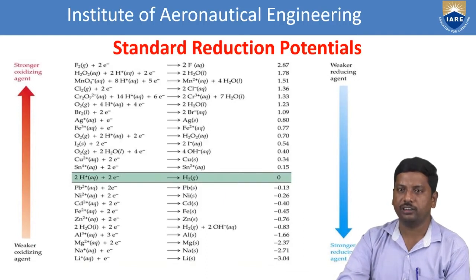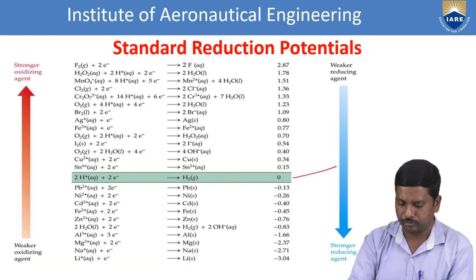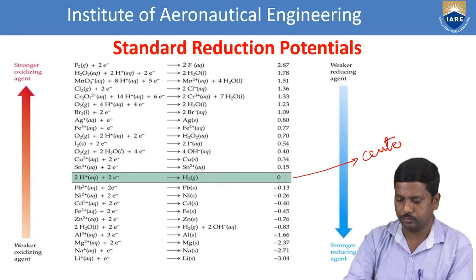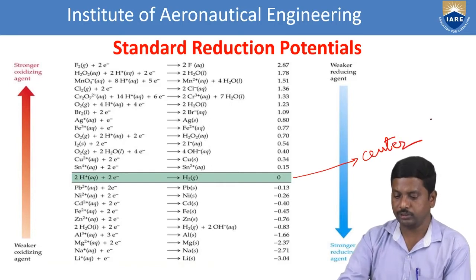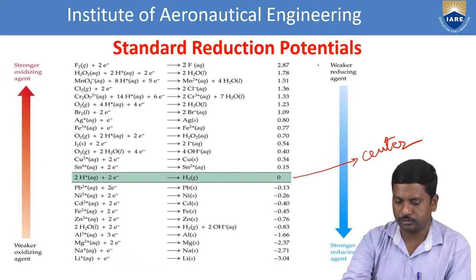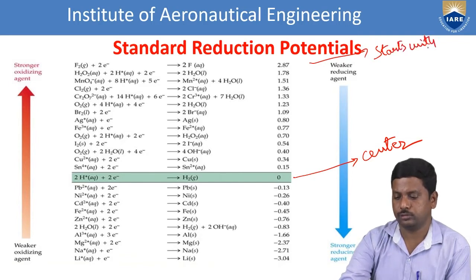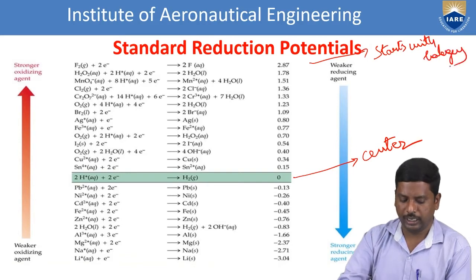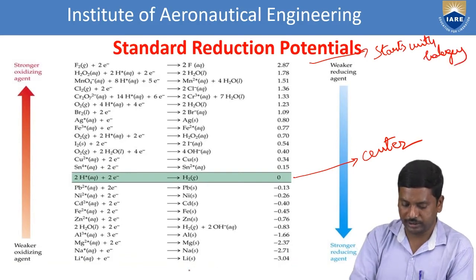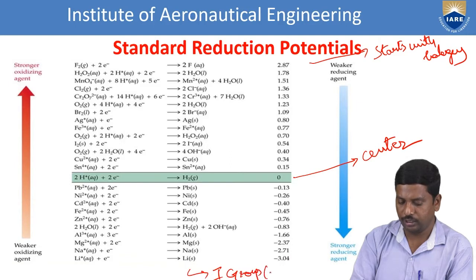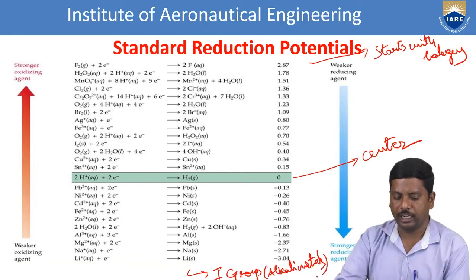Already we said that hydrogen is present at the center of the series, and the elements present above the hydrogen start with the halogens and end with the first group elements, nothing but the alkali metals.